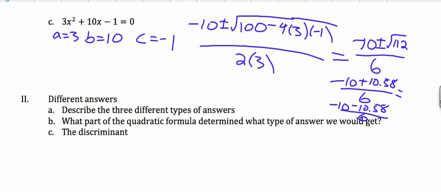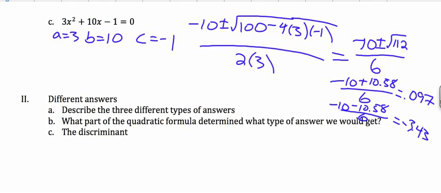This first one is just simply 0.58 divided by 6, or right about 0.097, very darn close to 1/10. And this one is negative 20.58 divided by 6, and that's negative 3.43.